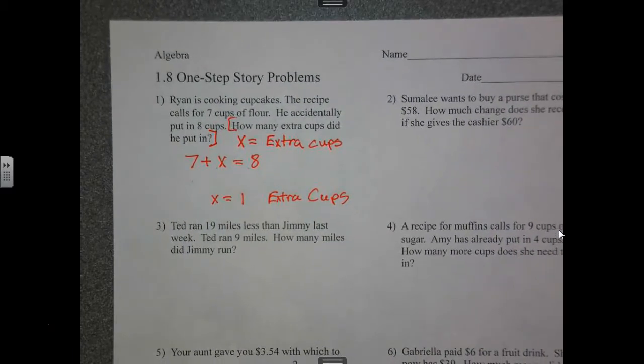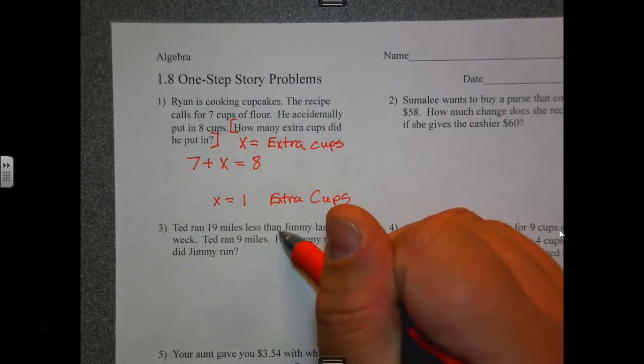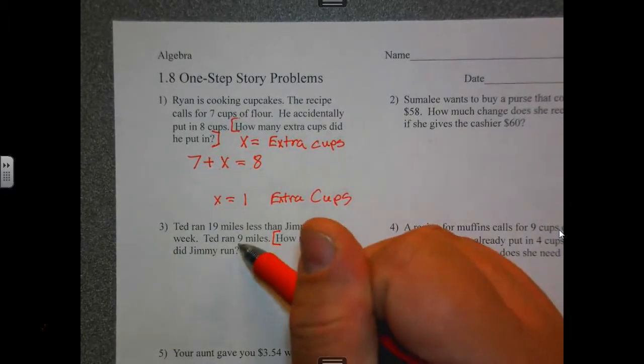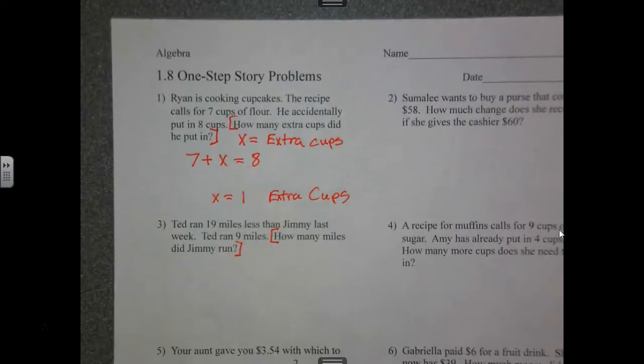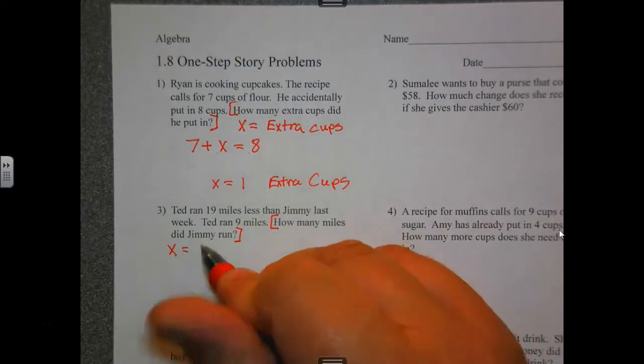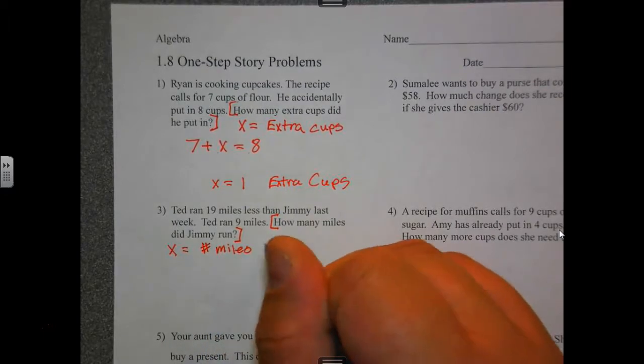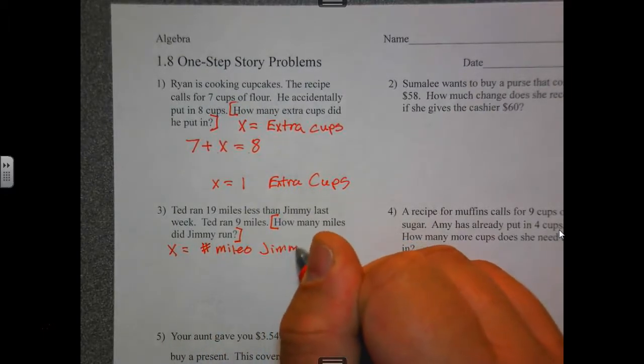All right, number 3. Ted ran 19 miles less than Jimmy last week. Ted ran 9 miles. Here's our question. How many miles did Jimmy run? Get in the habit of defining your variable. So x is going to equal how many miles that Jimmy ran.